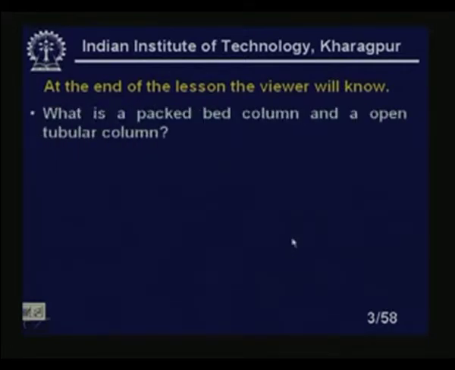what a packed bed column and an open tubular column are. In chromatography the basic principle is that we send the mixture of gas or fluid through a column, and it initially adsorbs both components of the mixture.